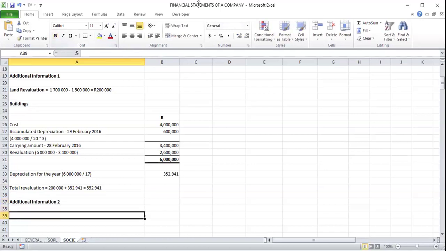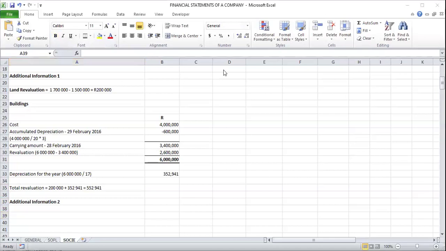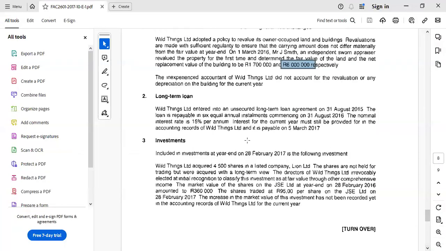Right, on our additional information 2, we are told that Wild Things entered into an unsecured long-term loan agreement on 31 August 2015. Remember that we are now in the year 2017, sorry, which started on 1 March 2016.